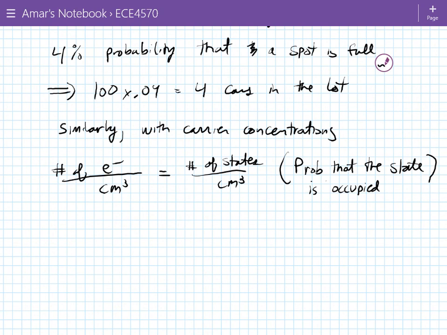This part here is the density of states, and this part here is the Fermi-Dirac function.